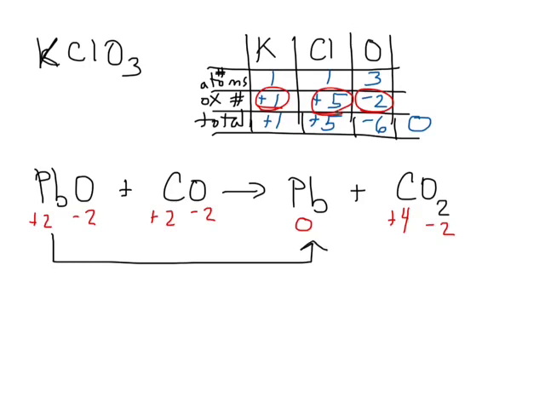Ask yourself, did it lose or gain? In this case, lead has gained electrons, in fact 2 of them. That fits our definition for reduction. Lead is reduced. Oxygen's oxidation numbers have not changed at all, so nothing is going on there. But carbon has gone from +2 to +4. It lost 2 electrons and fits our definition for oxidation. Carbon is oxidized.